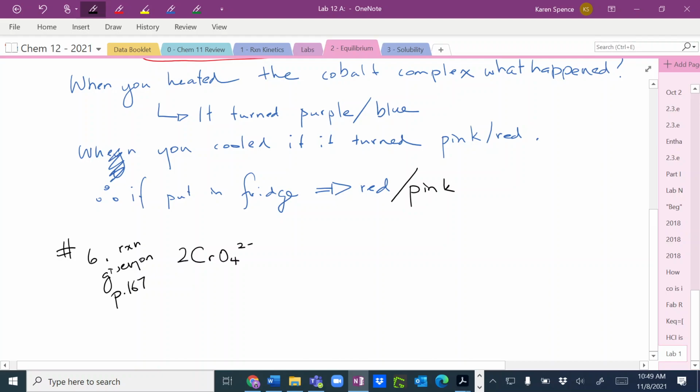We have 2 of them, plus 2H plus, in equilibrium with Cr2O7 2- plus H2O liquid.